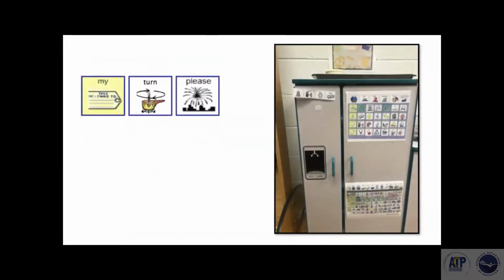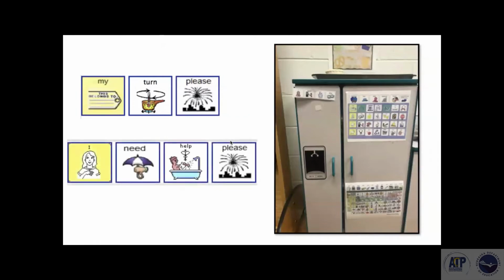Here's some examples in different locations of the classroom. So in an early childhood classroom, we have our core boards with the fringe, but then also we have these little helper strips, these little visual strips. So if a student wants to take a turn, instead of getting frustrated, we teach them to use these visuals to remind them that they can use their words, again, whether it's on a communication device or with their verbal skills.